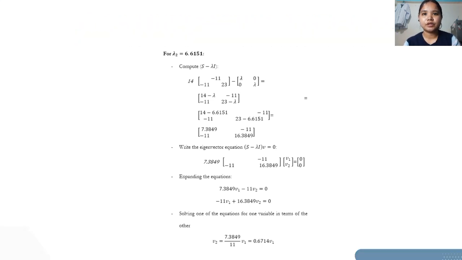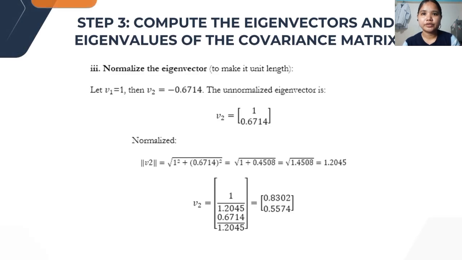So we have v equal to 1 and 0.6714. By following the formula again, we get this normalized eigenvector, which is 0.8302 and 0.5574 for lambda sub 2.